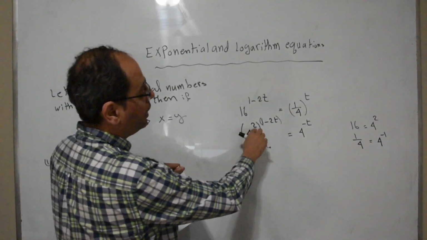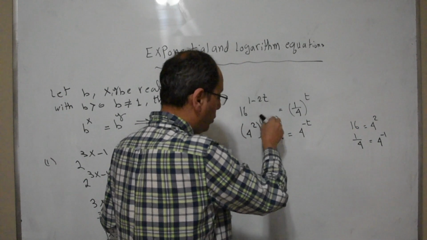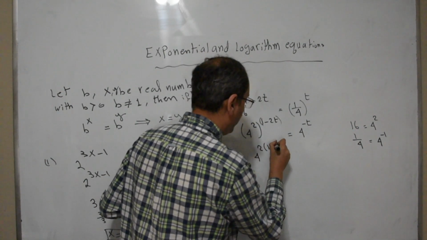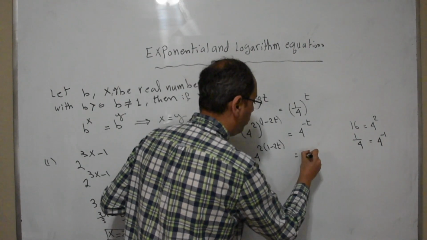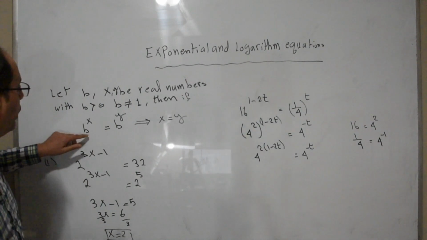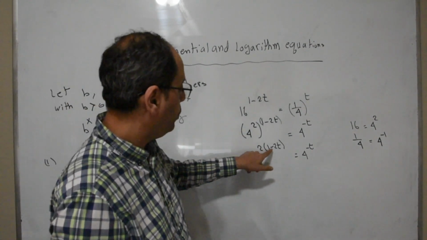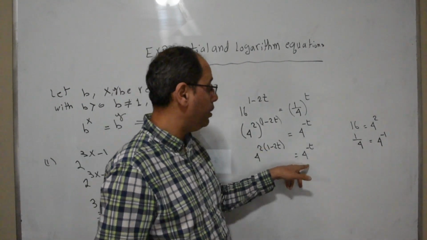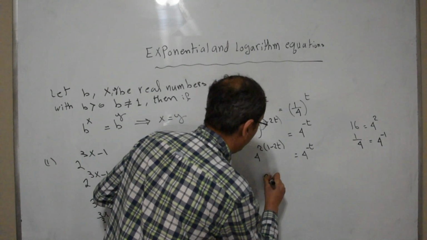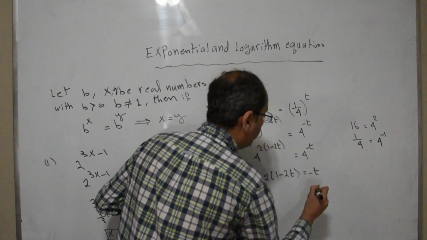Now I distribute the power, so I get the 2 out. So this is 4 to the 2 times 1 minus 2t equals 4 to the negative t. Now I can apply the rule: b to the x equals b to the y, then x is y. Therefore, I can say that 2 times 1 minus 2t equals negative t.